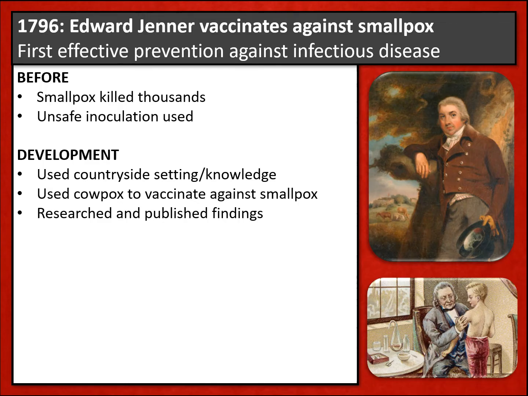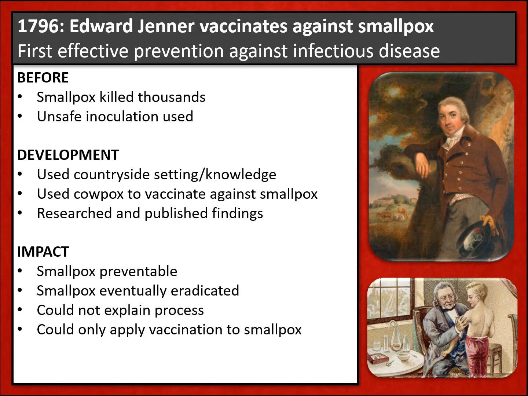And so he got hold of some cowpox tissue from a milkmaid, and then he injected it underneath the skin of a local boy, and you can see this happening in the bottom picture. And he then repeated this 23 times over, published his findings, and thereby proved that cowpox matter would give immunity from smallpox.